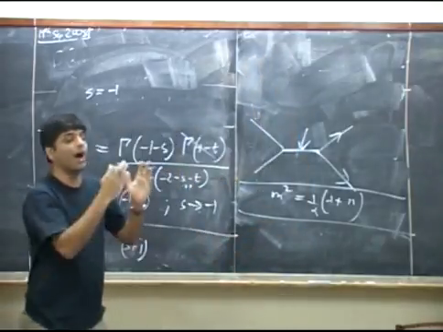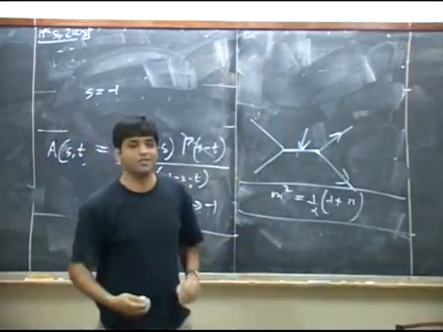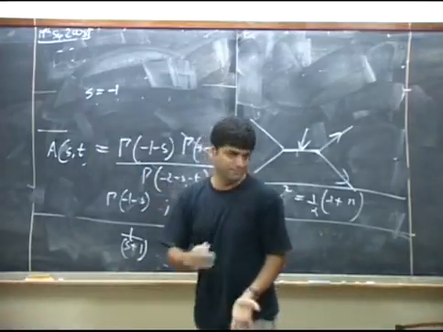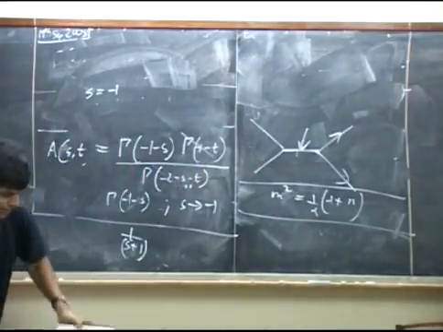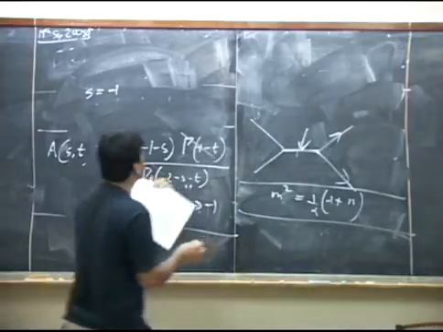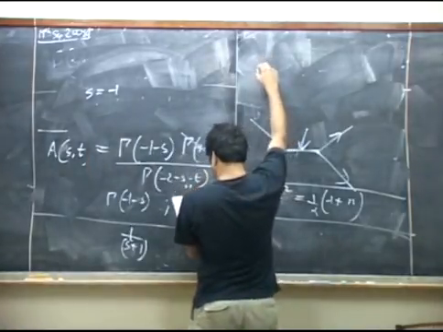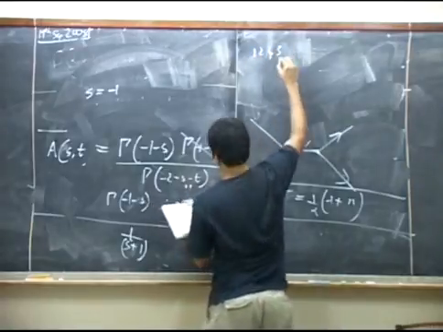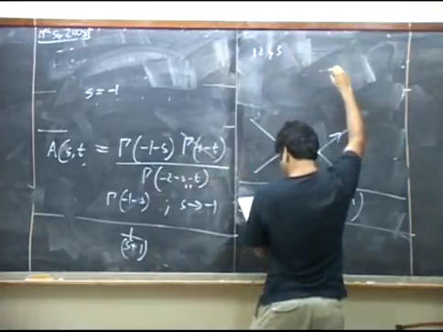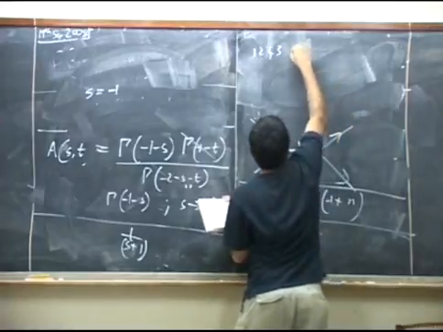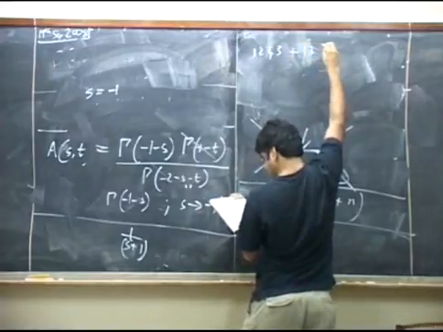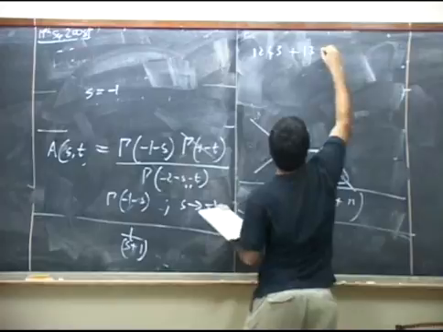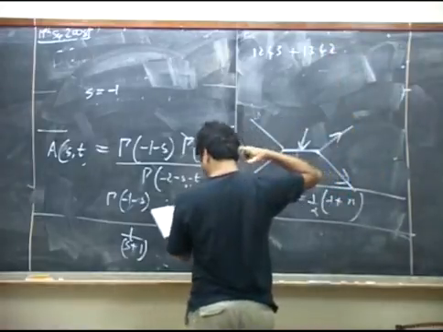So what we get is 1 times all the trace structures that appear in A_ST and A_SU. Now what are the trace structures that appear in A_ST and A_SU? In A_ST we have 1, 2, 4, 3 plus 1, 3, 4, 2. This was from A_ST.